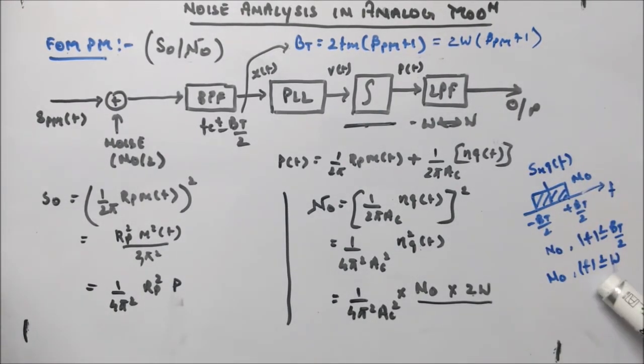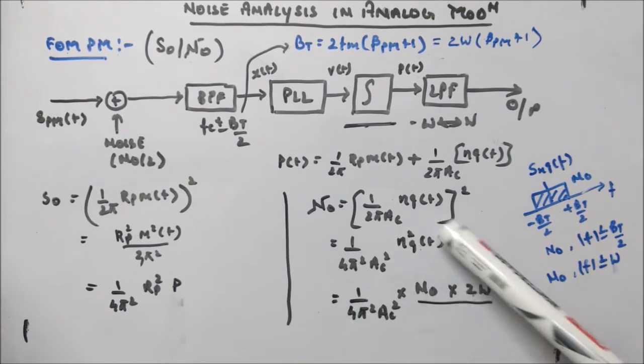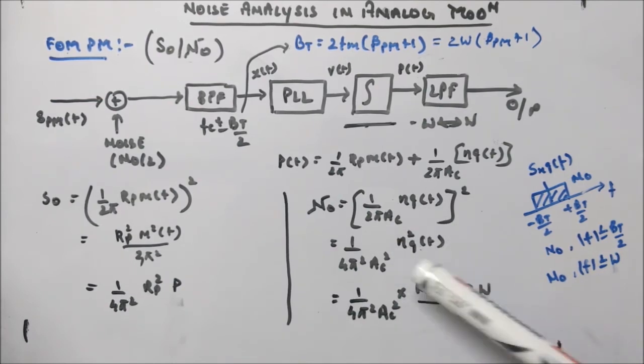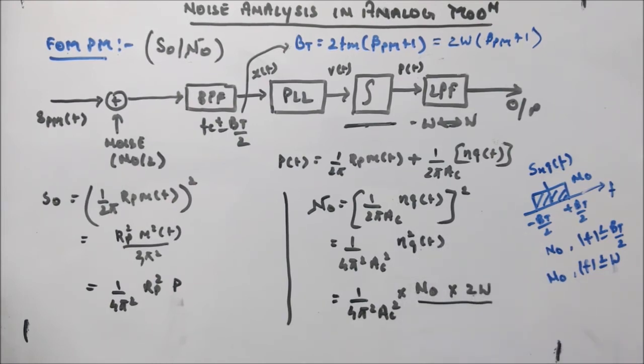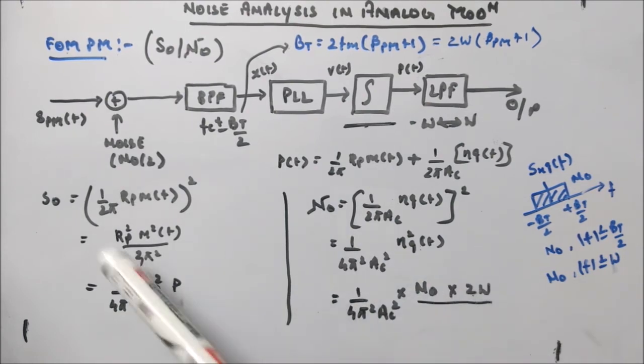So N naught from minus W to W, and if you integrate it from minus W to W, you will get N naught into 2W. Okay, so this is what will be the power of nq(t), or you can say n square q(t). So this will be the noise power, and this is your signal power.